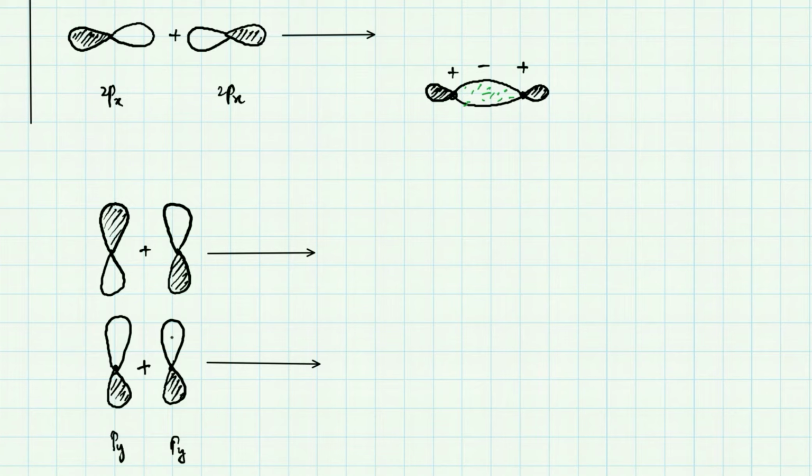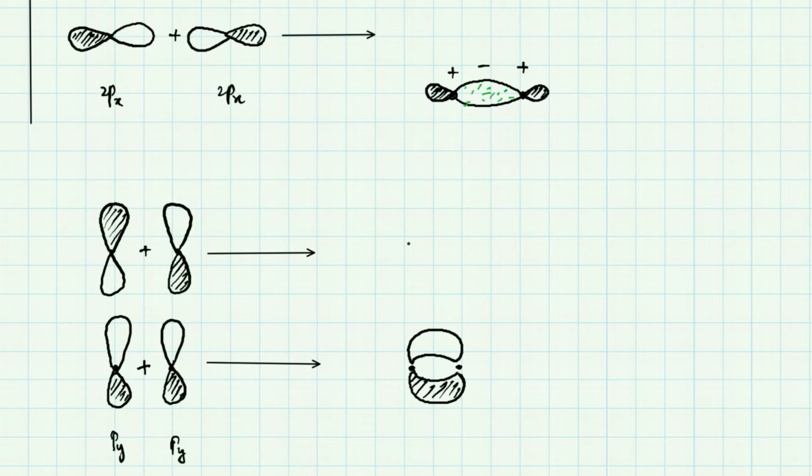When they approach each other with the same phase, the electron density will be above the plane and below the plane. And this is the nucleus, and this is the nucleus, and we have two different phases, so electron density above the plane and below the plane.